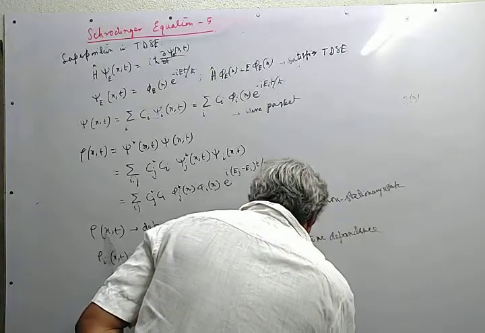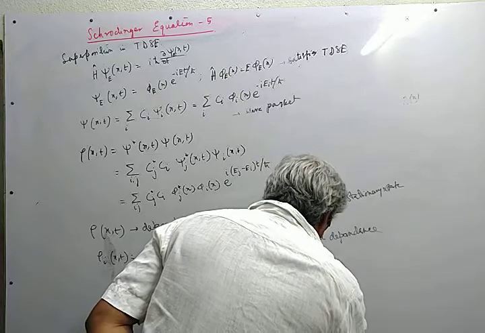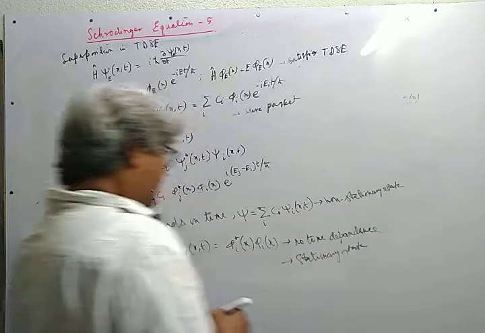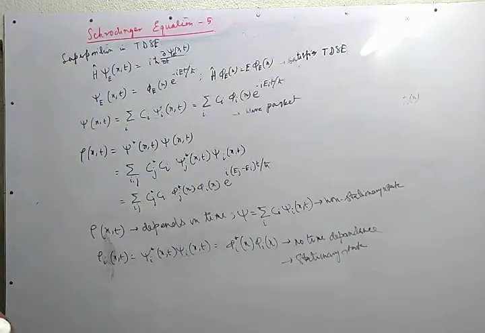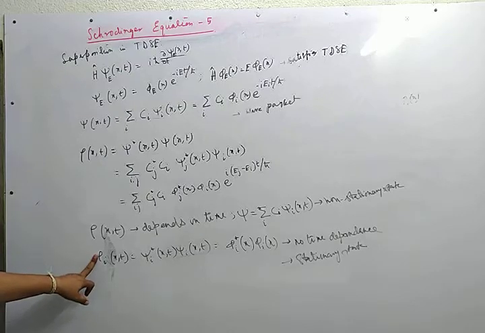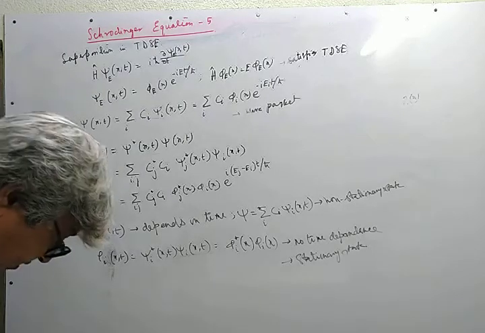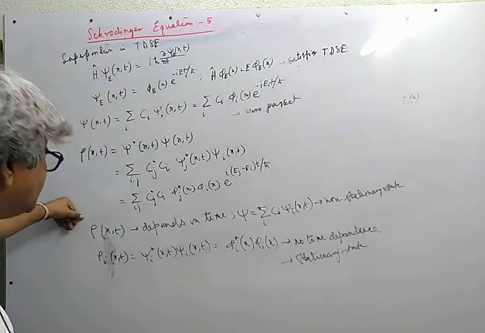This is a stationary state. So we define a stationary state as one for which the probability density is not a function of time, and if the probability density depends on time, the state is said to be non-stationary.